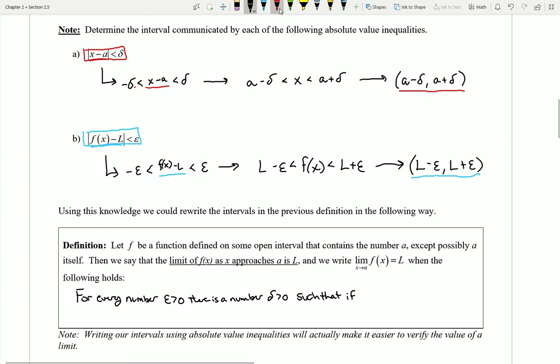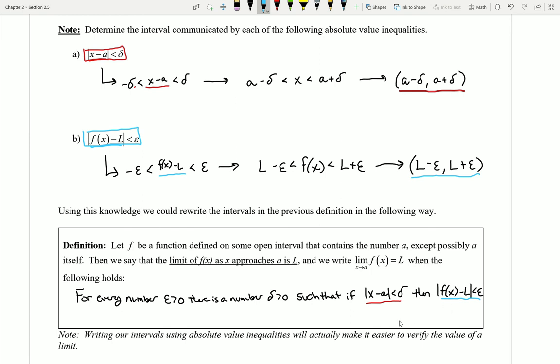But I can write that now by just using these two absolute value inequalities. So we can say if the absolute value of x minus a is less than delta, then the absolute value of f of x minus L will be less than epsilon. And so again, we've communicated if x is inside the red interval, then f of x will be inside the blue interval.